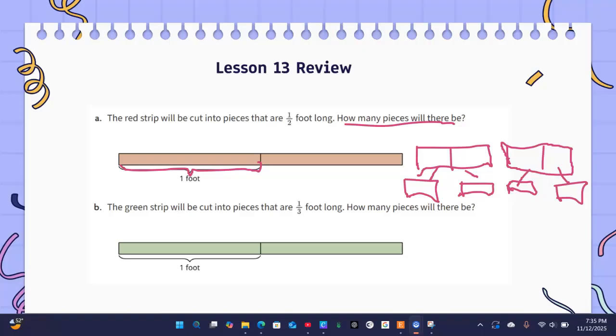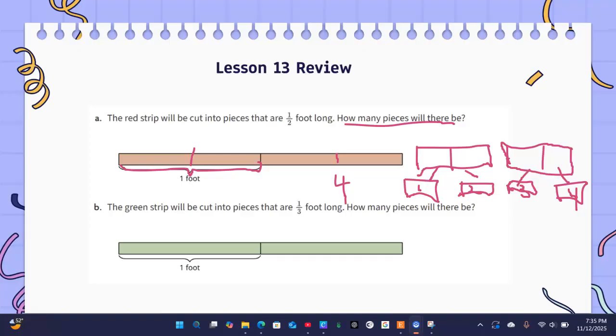You should see that there are 4 total pieces. 1, 2, 3, 4 total pieces. And let me also partition that. Okay. Now let's take a look at this one.